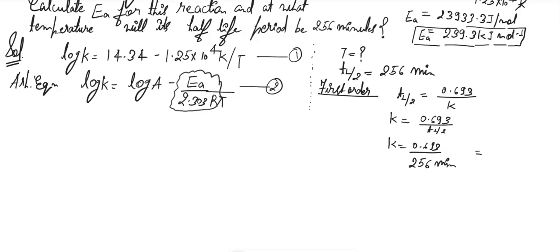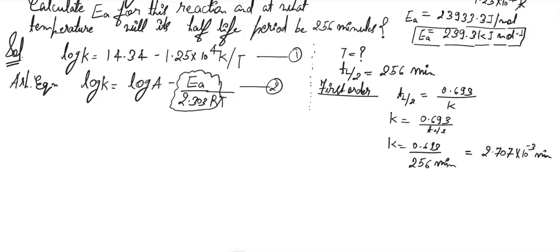So the rate constant K will be 2.707 × 10^-3 per minute, that is minute inverse.